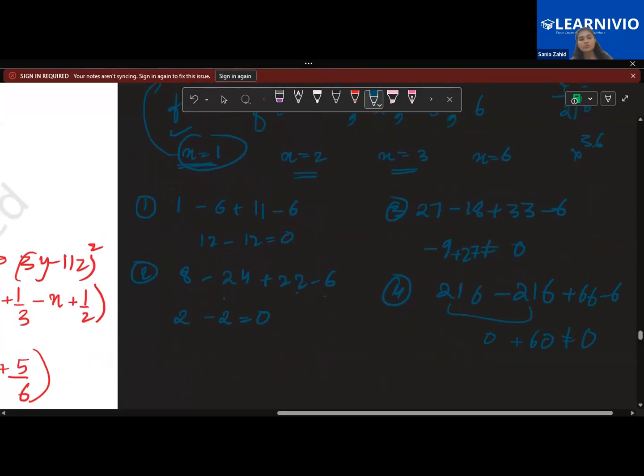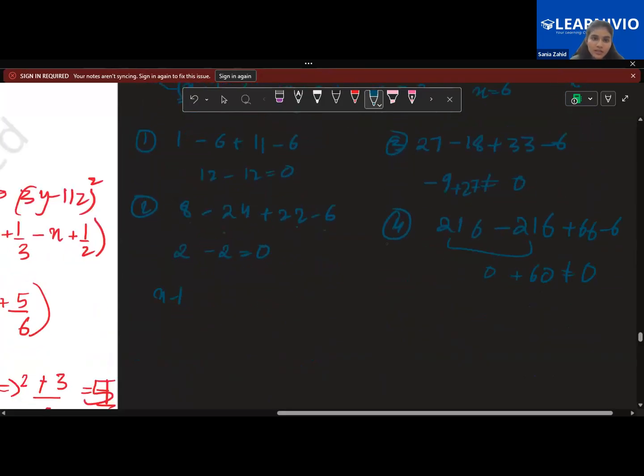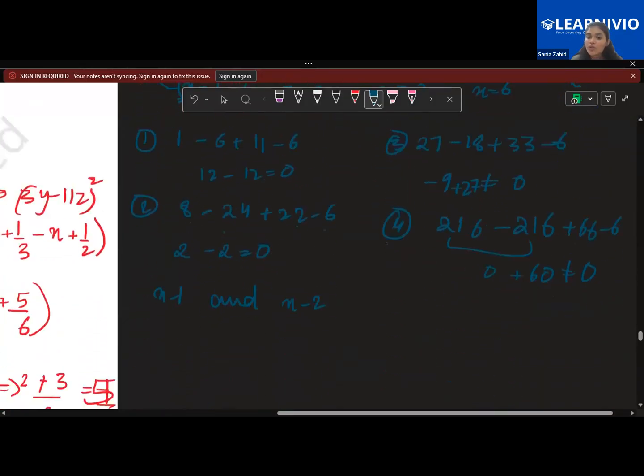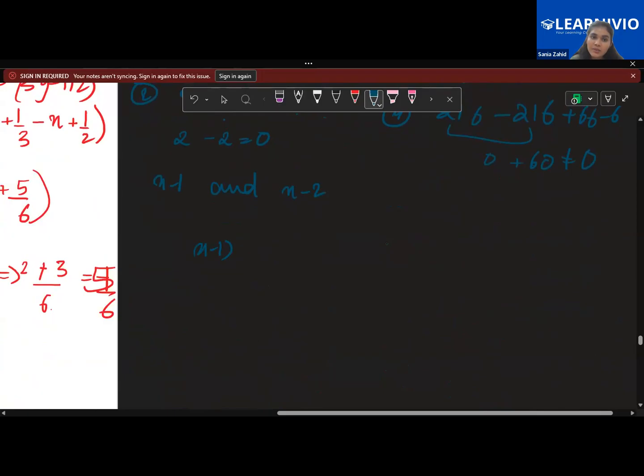So children, what happens over here? Now you know that x minus 1 and x minus 2 are factors of this entire polynomial. So I will multiply them. x minus 1 into x minus 2 is x square minus 2x minus x plus 2.